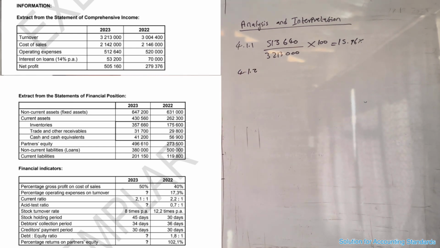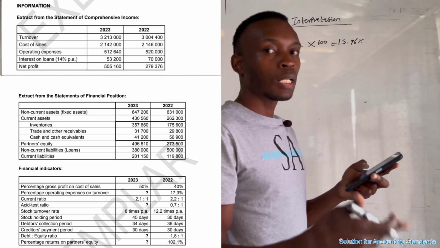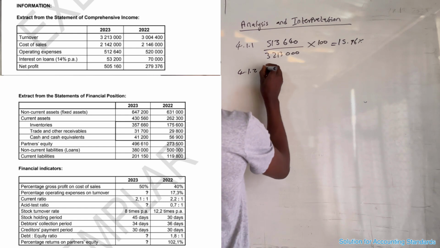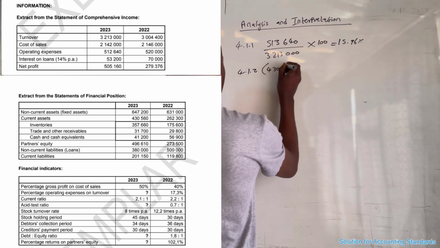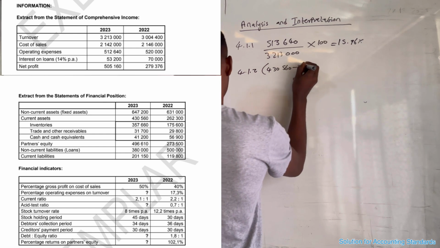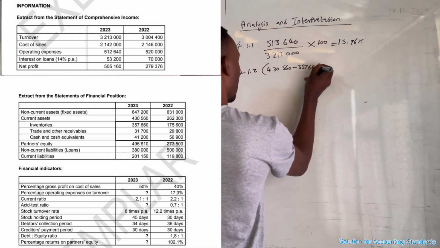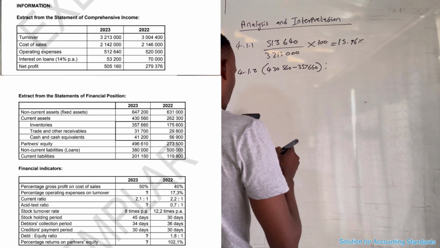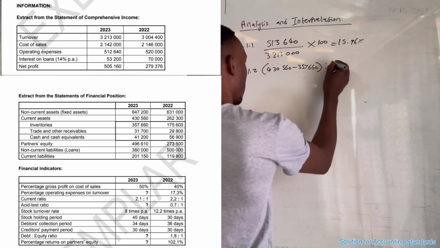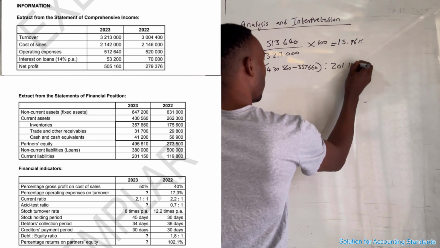4.1.2 acid test ratio. Okay, under acid test ratio, guys, we have to take our current assets and subtract inventory, is to current liabilities. Our current assets, guys, here it was 430 560 minus inventory of 357 660 is to current liabilities of how much? Current liabilities, it was 201 150.